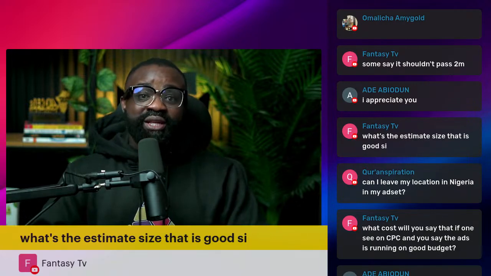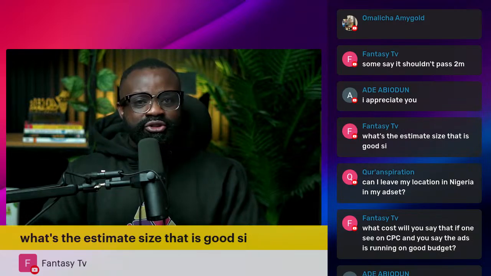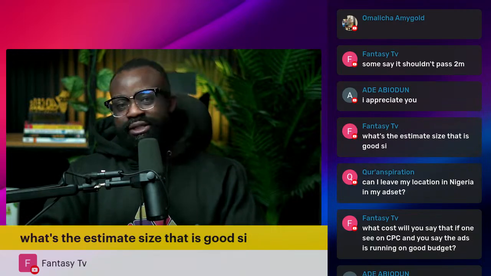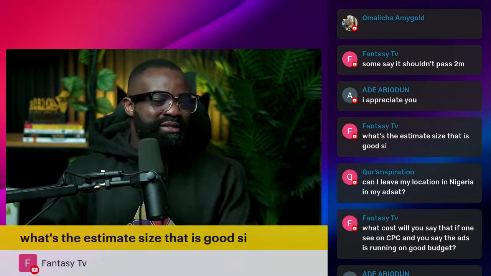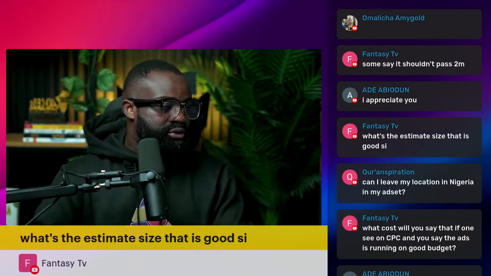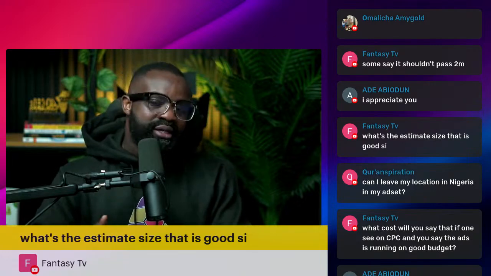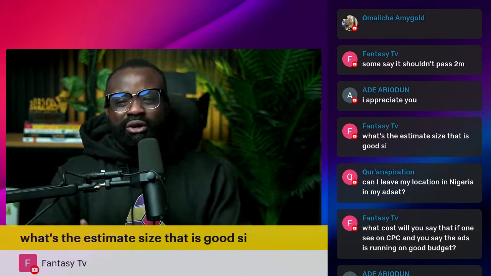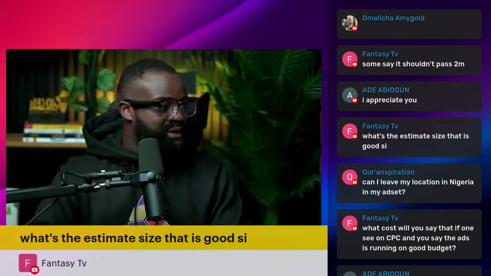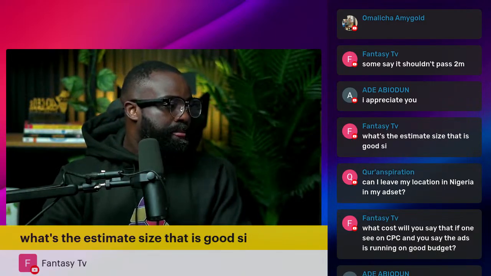The moment it gets lower than 500,000, you're becoming too narrow. So you want it to stay between 800,000 to 900,000 and about 3 million. I think that's a good estimated size for you to get results. Some say it shouldn't pass 2 million. Like I said, most of the time it's usually between 3 million and 800,000 to 900,000. I think that's good.